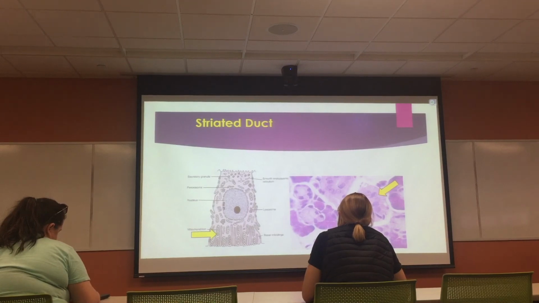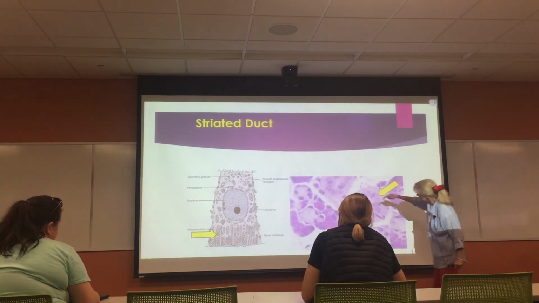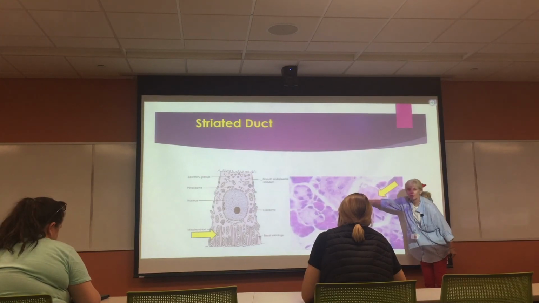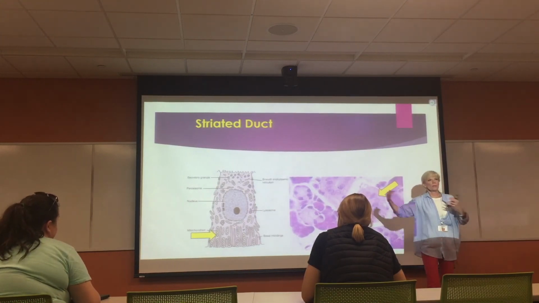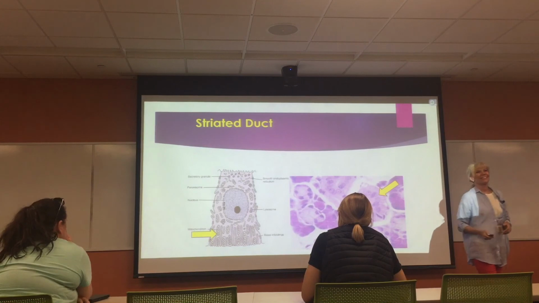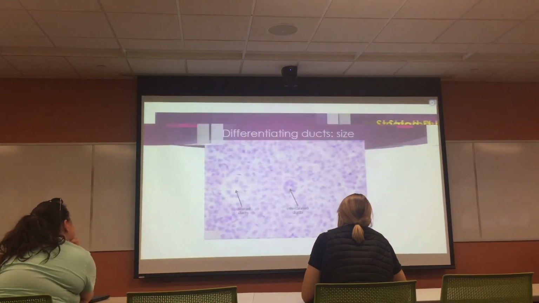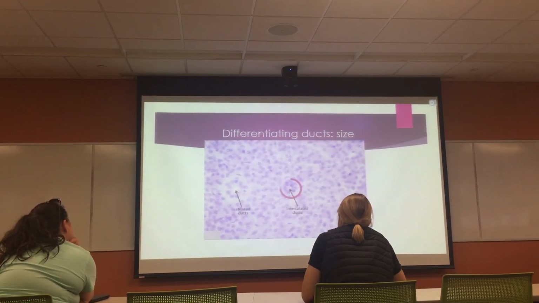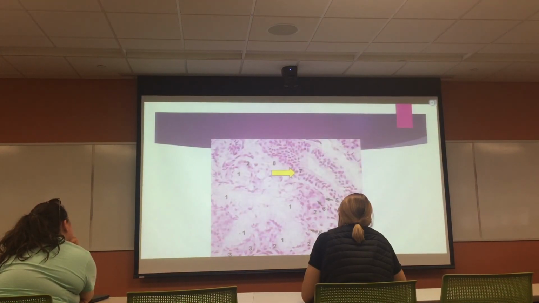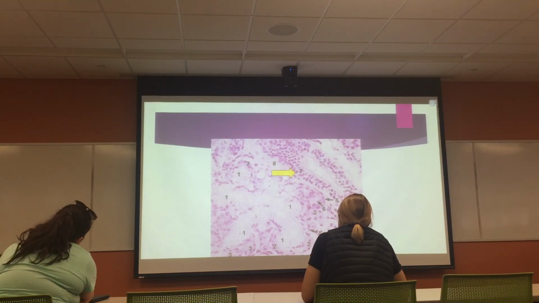Because you see the basal enfoldings here, little things here, looks striped as in striated. So what's this one? And just in general.